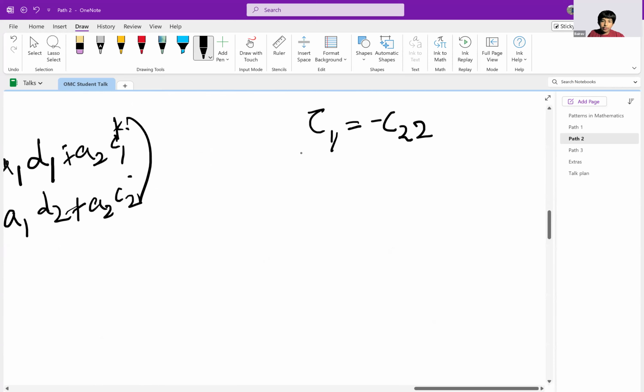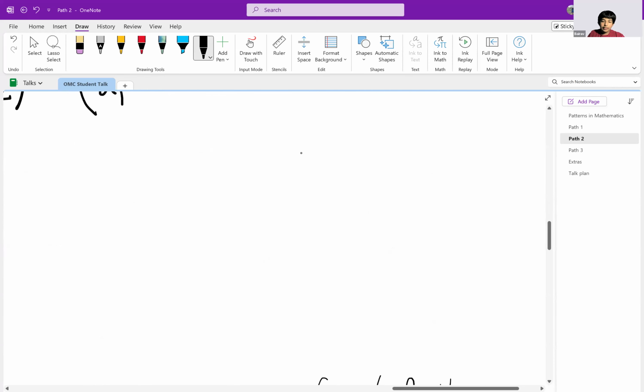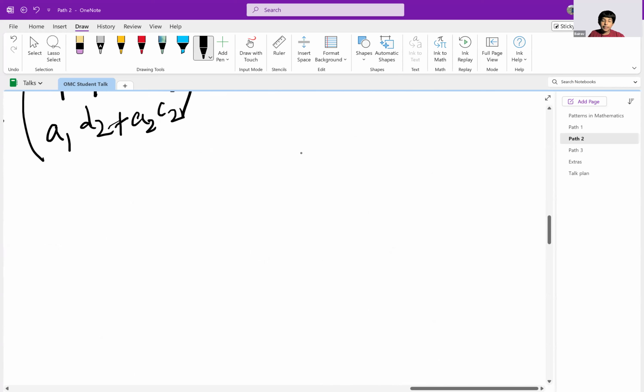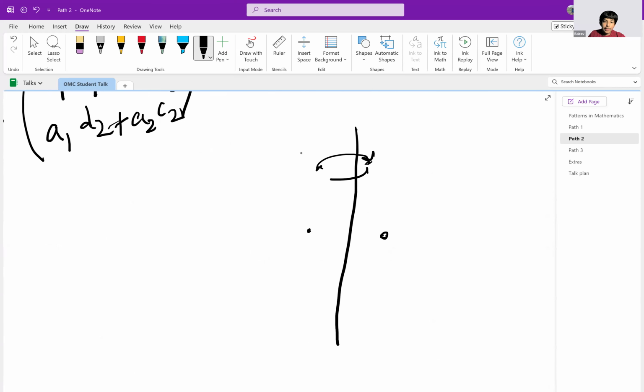But I also wanted to share some other nice involutory functions geometrically. So reflection about a line usually is involutory because we just reflect twice and we get back where we were. Reflection about a point is also the same.